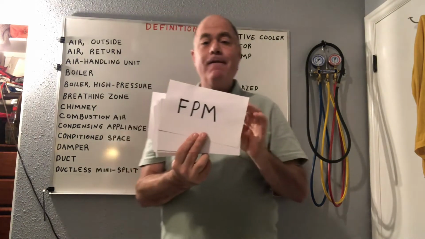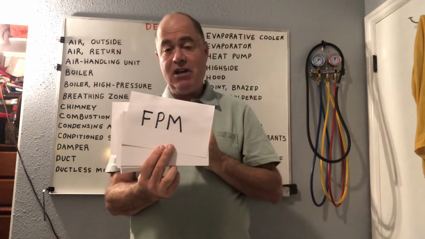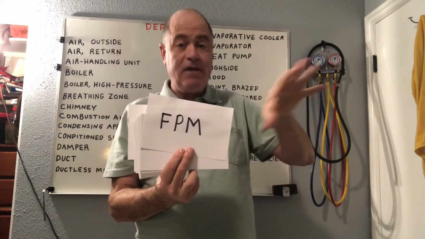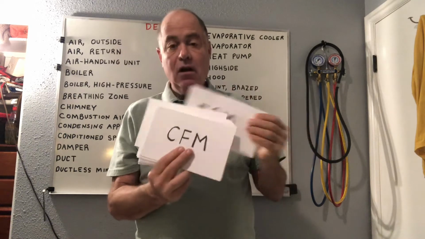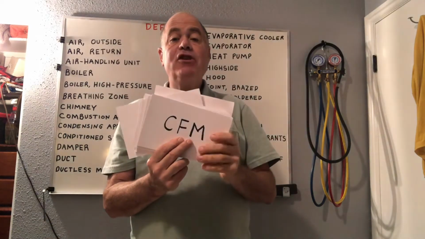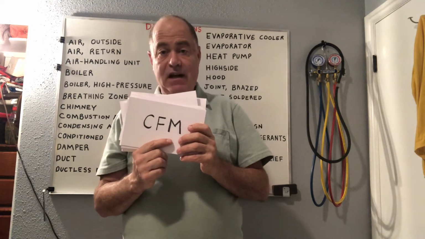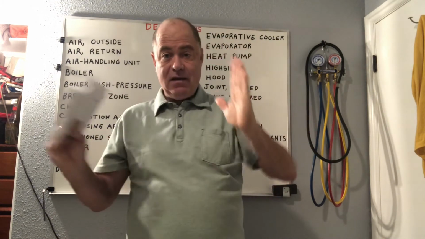This is feet per minute, FPM here, feet per minute. This is usually how we measure the speed of airflow, flowing in feet per minute. Along with that, we have cubic feet per minute, CFM. It's the quantity of air that moves per minute in cubic feet.